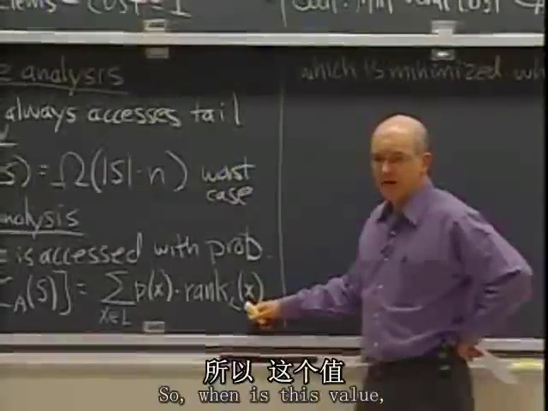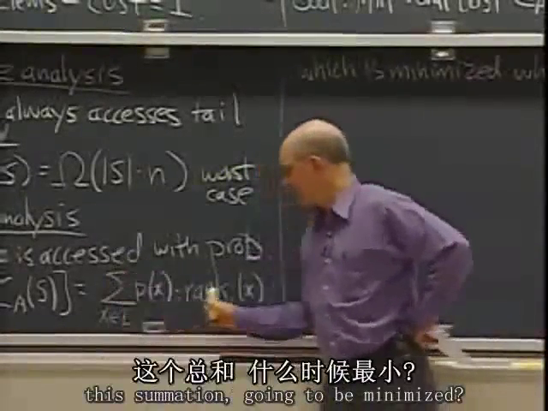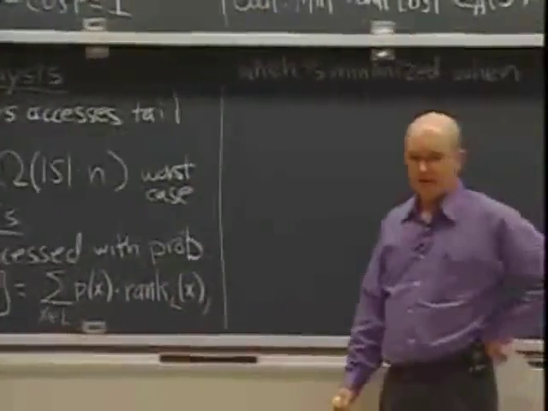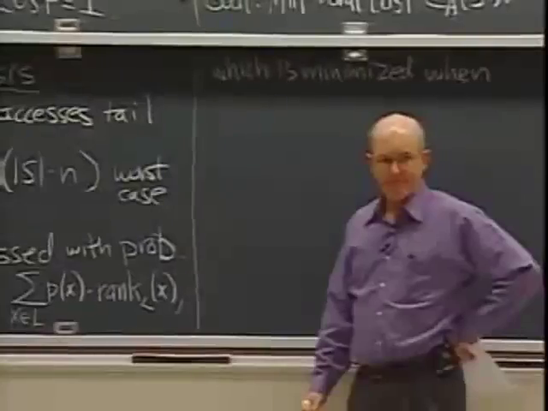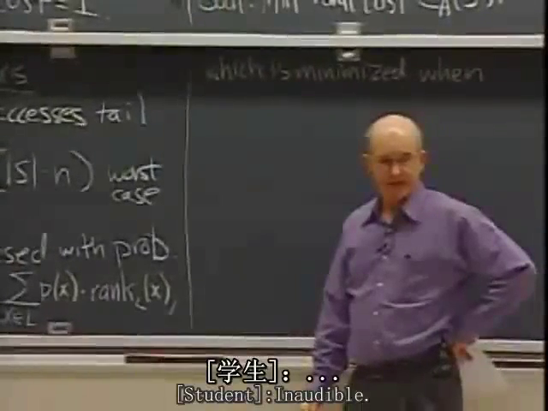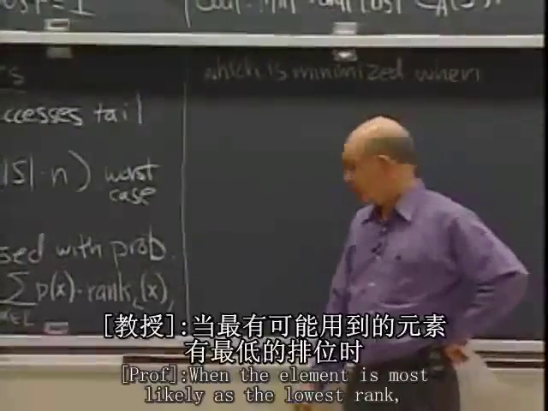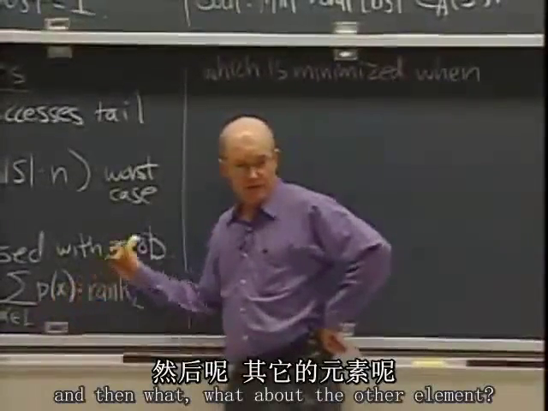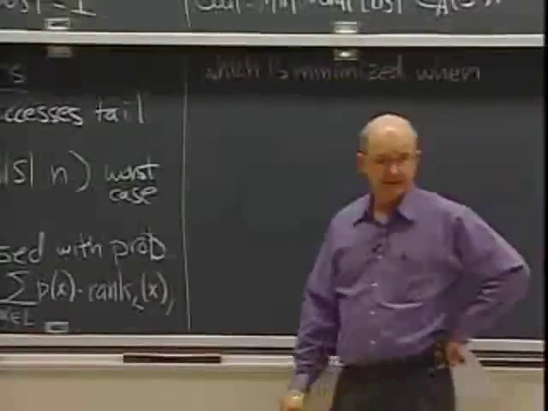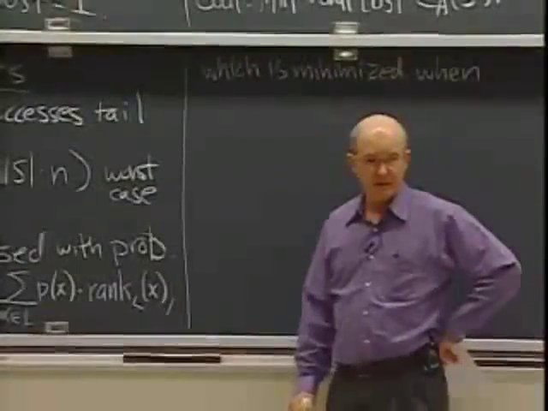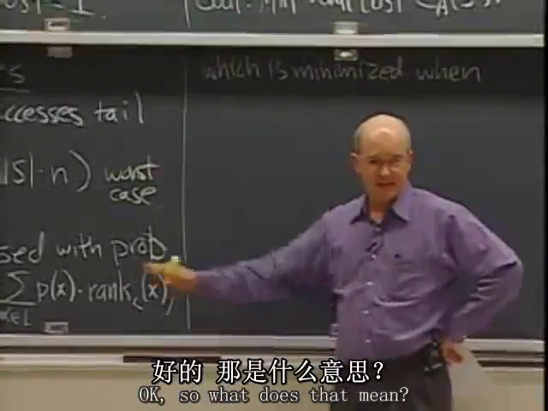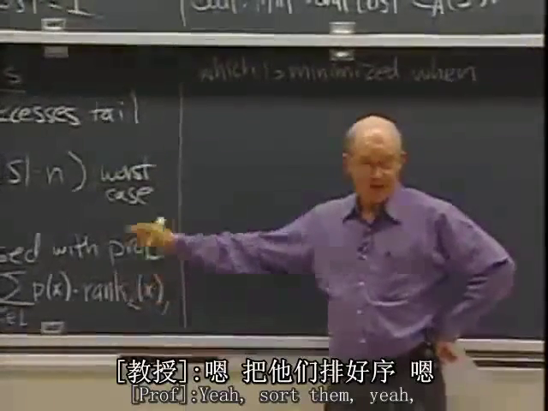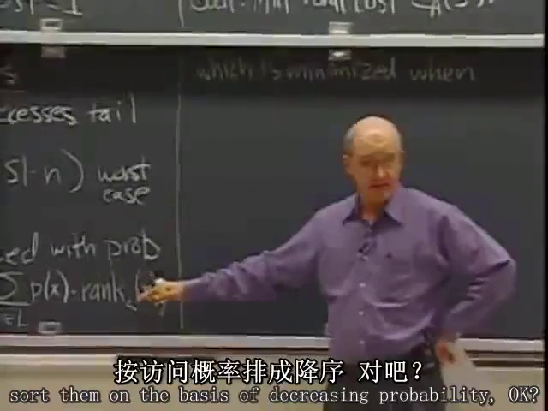So when is this summation going to be minimized? When the element that is most likely has the lowest rank, and then the other elements are ordered by probability. Yes, you sort them in decreasing probability.